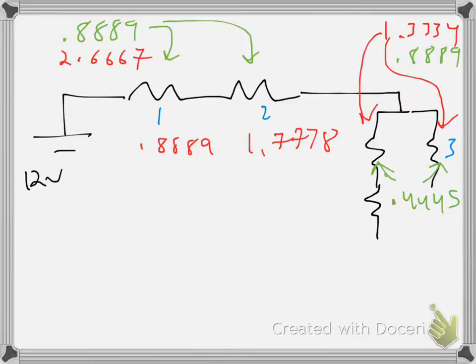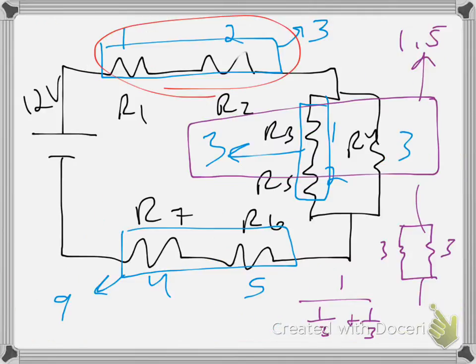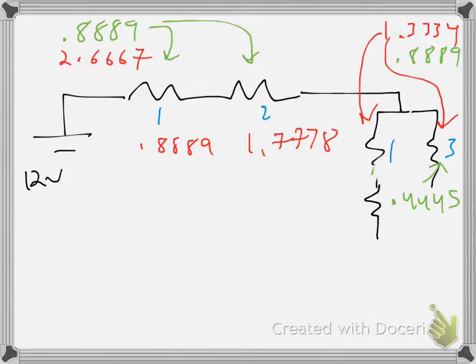Now, that being said, I know that this one actually has another resistor that does that. So we can change this to then reflect that it's actually 1 and 2. And so I know that current has to stay the same. So guess what? 0.4445, that's going to all 3 of those, because these are in series, so it has to be the same.